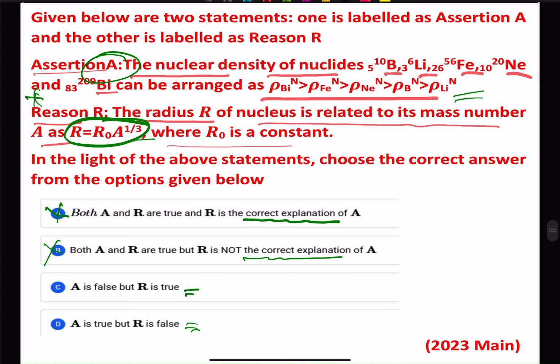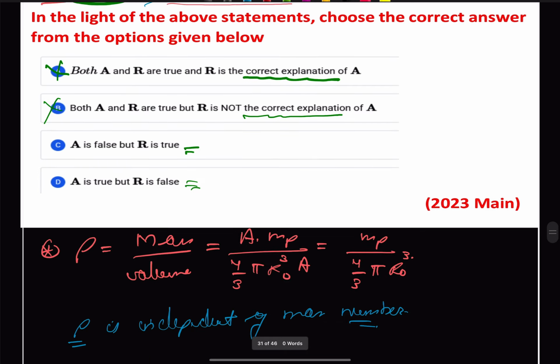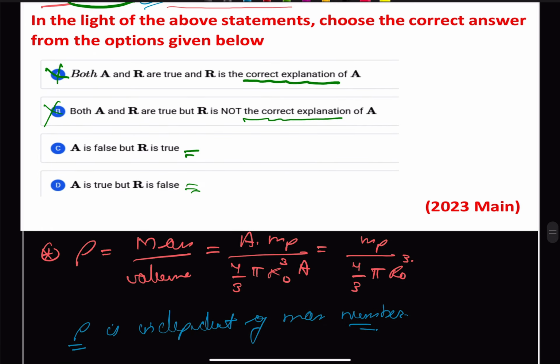Therefore, this relationship does not hold true because the density is independent of the mass number. And secondly, obviously this is a standard relationship, so this will be true. So only R is true, whereas A is false. So option C is correct.